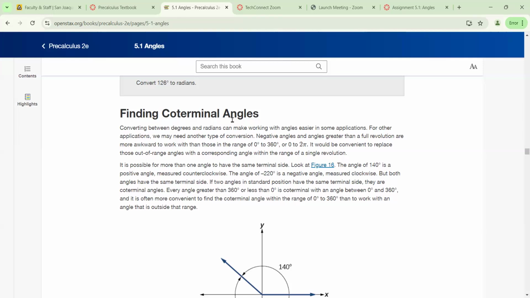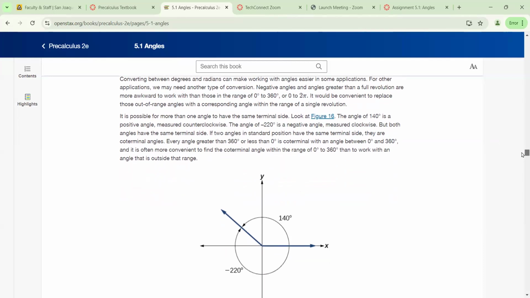It would be convenient to replace those out-of-range angles with a corresponding angle within the range of a single revolution. So what we're going to do here is calculate the coterminal angles of a given angle. This paragraph gives an introduction to coterminal angles.